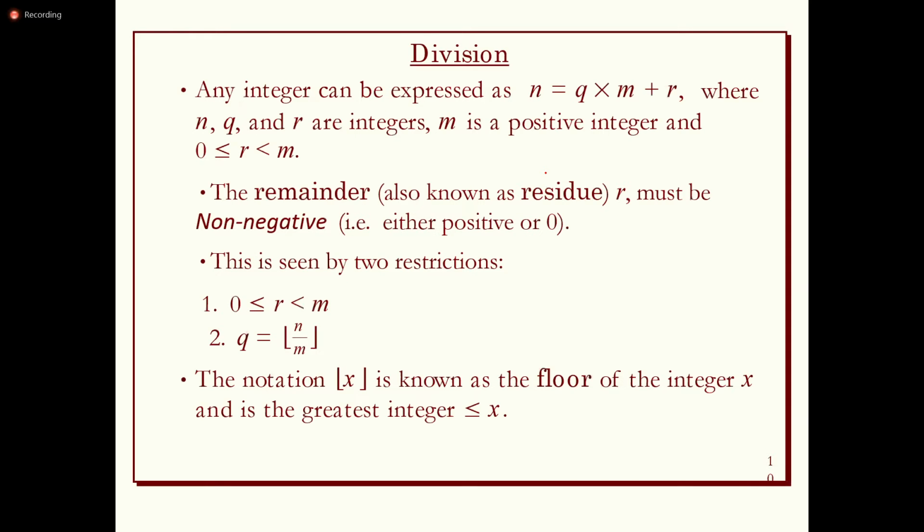In order to perform division, we need to represent the division operation like this: dividend equals quotient into divisor plus remainder.